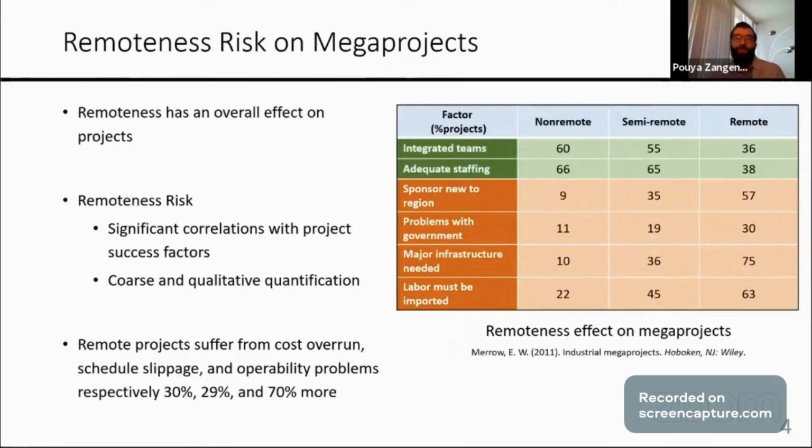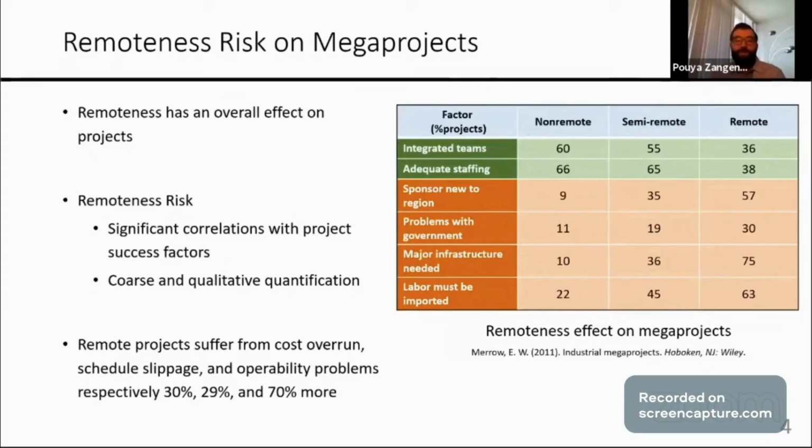And they come up with very random justifications for that. For example, they say if it is closer to 100 kilometers to a city, we call it non-remote. If it is more than 300 kilometers, we call it remote. And anything in between, we call it semi-remote.